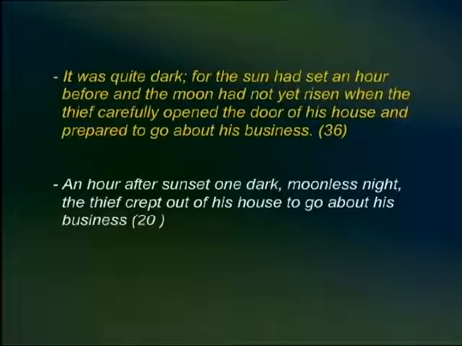All you're required over there is to put the ideas together. Because when he says it was quite dark, the moon had not risen, you can rewrite this as: an hour after sunset, one dark, moonless night, the thief crept out of his house to go about his business. Simple. There are 20 words instead of 36.